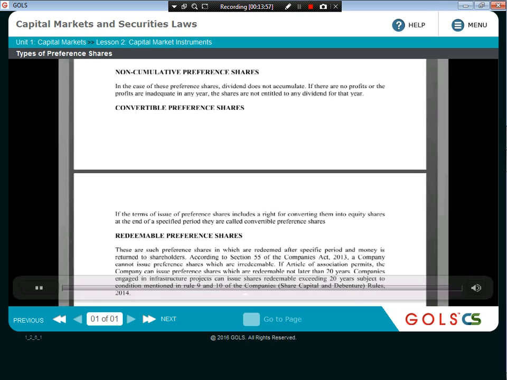Now in this also, when you say a hybrid instrument, there can be many permutations and combinations that a company can do. In case of convertible preference shares, there are a lot of combinations. It can be partly convertible, it can be fully convertible.